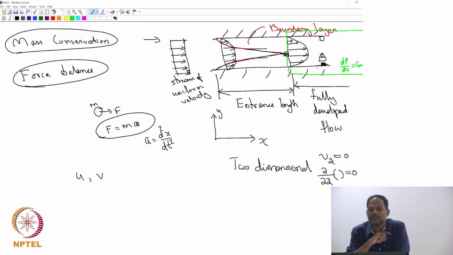So, p is going to change along the x direction, and whatever variation is there, that variation is going to be constant. Which side will the pressure be more? Pressure will be more on this side because that is why the fluid is moving.